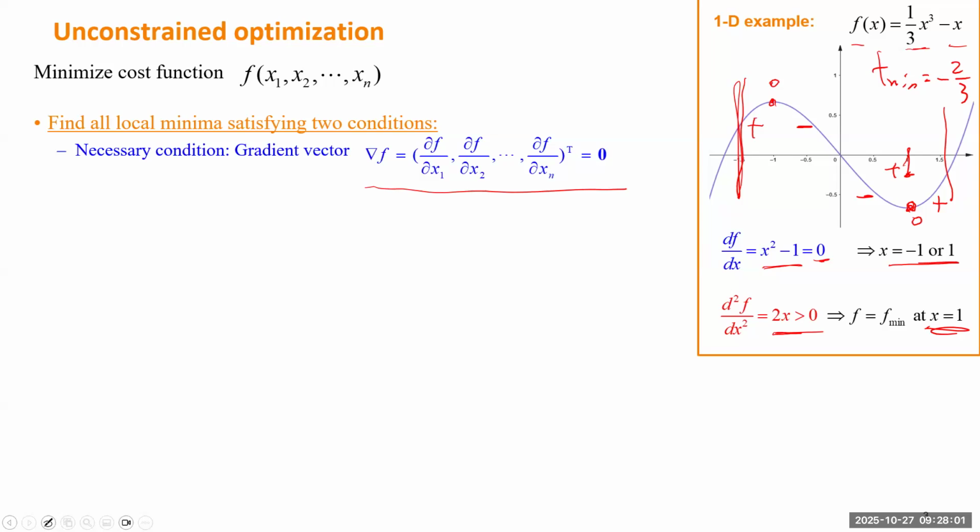The gradient vector is a column vector. Each element is equal to the partial derivative of the cost function with respect to each x, which means in every direction, the slope has to be 0. If this equation holds, that point will be a stationary point. So this is a necessary condition to find the local minimum.